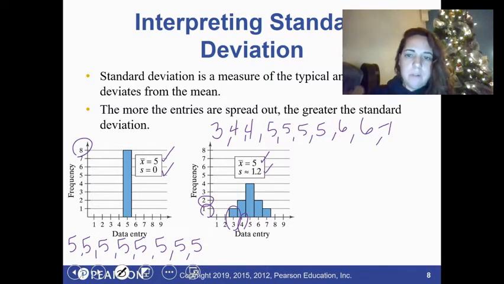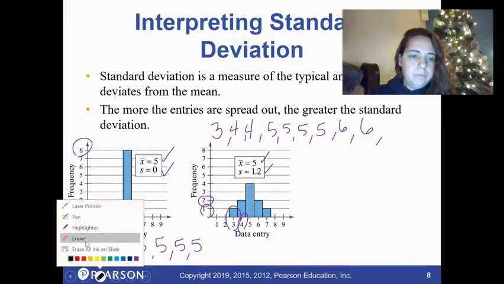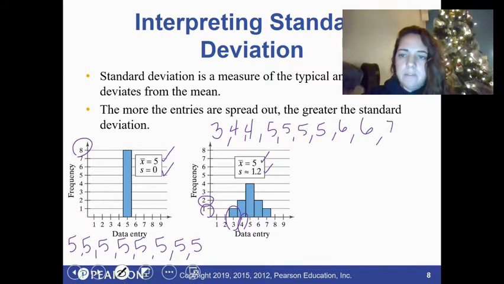Whoops, that's supposed to be a 7. It does not look like a 7. Let me try again. Let's try that again. And 7.